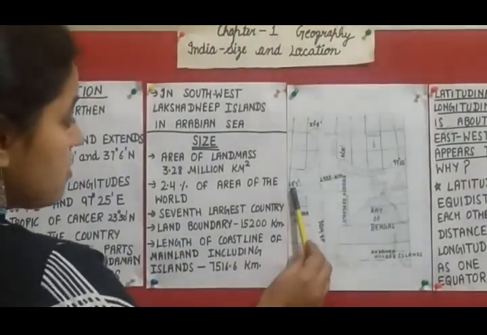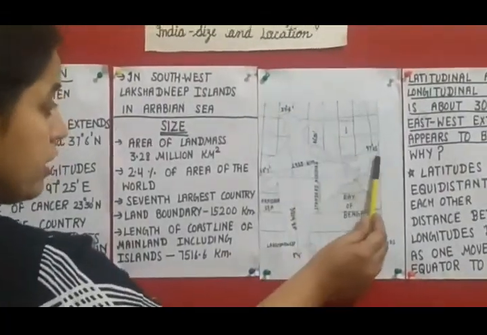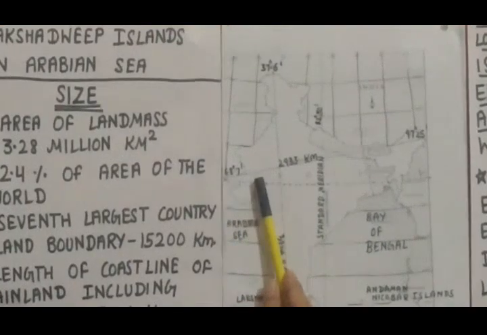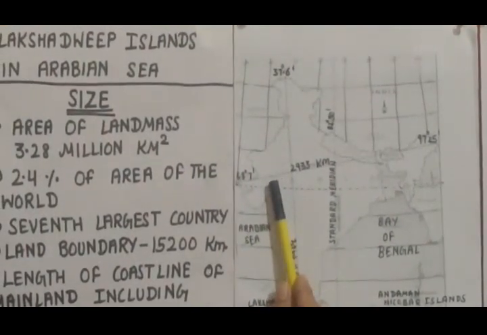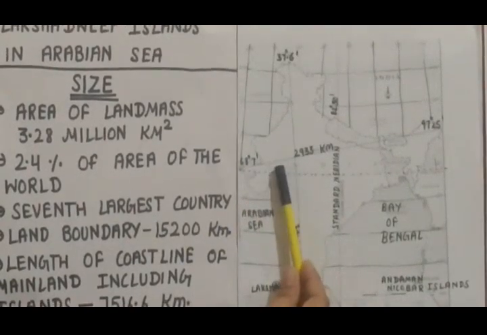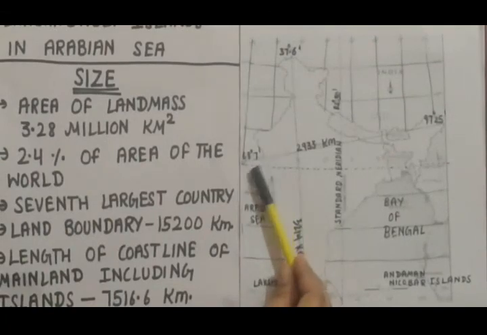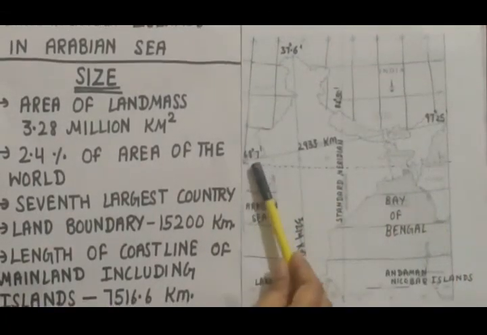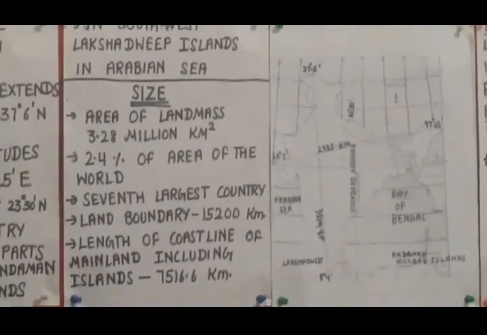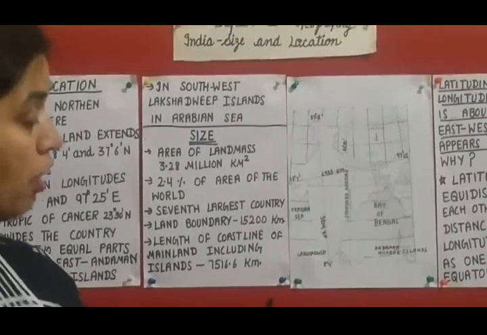The reason is our east-west extent is 30 degree, and for every 1 degree there is a difference of 4 minutes. So 30 degree multiplied by 4 is equal to 120 minutes, and 120 minutes means 2 hours. That is why there is a difference of 2 hours between these two states. Now the question is why we are following the same time all over the country?